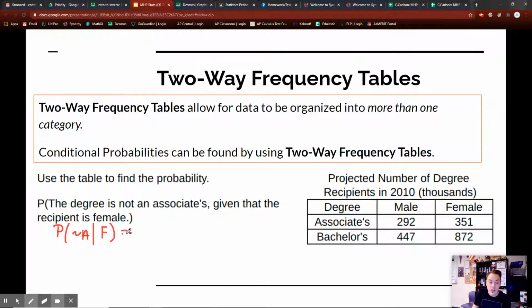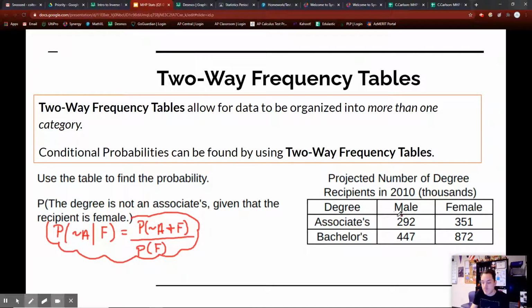So what this formula tells us, if you remember from 3.2, is the probability of not associates and female, so the overlap, all over the probability of the condition, just female. So this is my formula, and then we can kind of piece it together on our table.